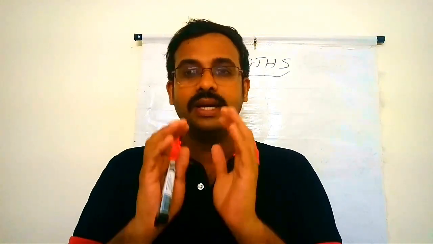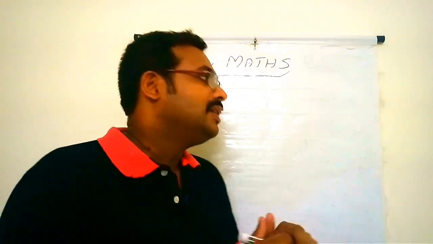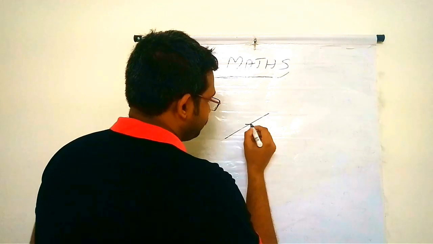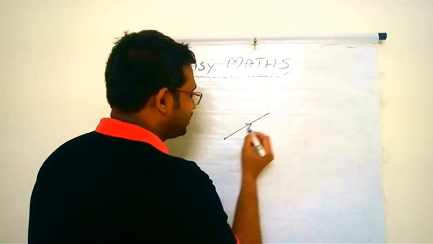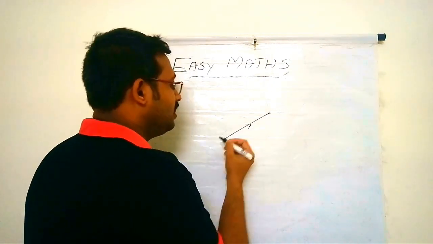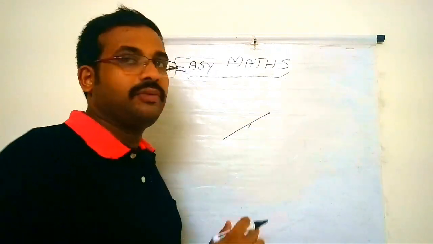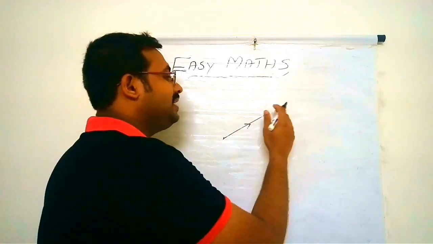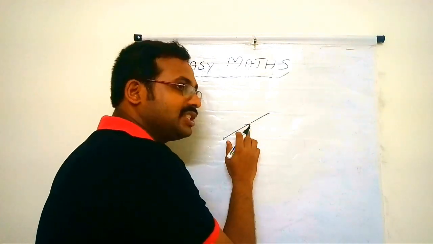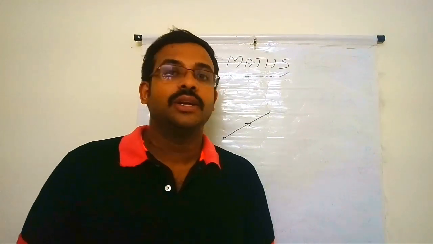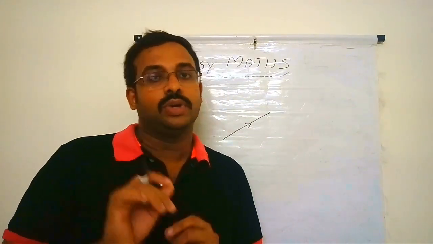What do we mean by a directed line segment? It is a line segment with a direction. A line segment has ends: an initial point and a terminal point. A line segment with a direction is called a directed line segment, used to denote a vector quantity.